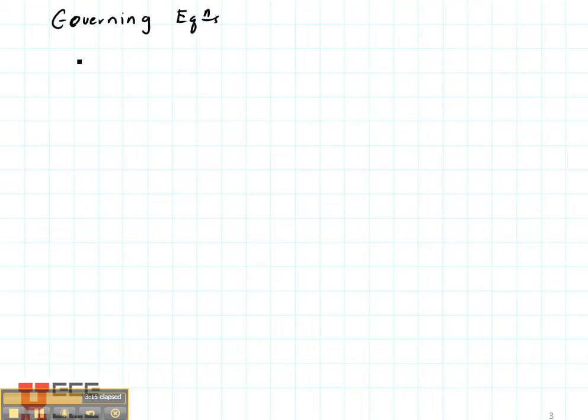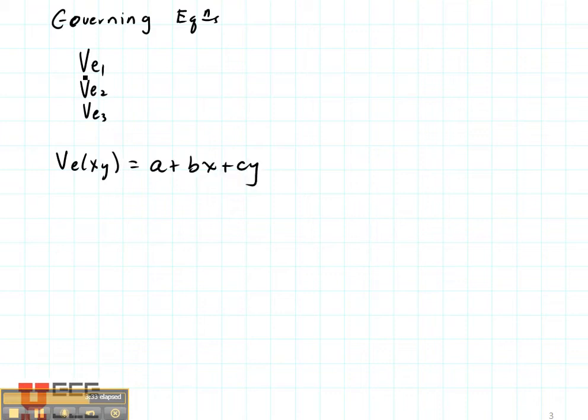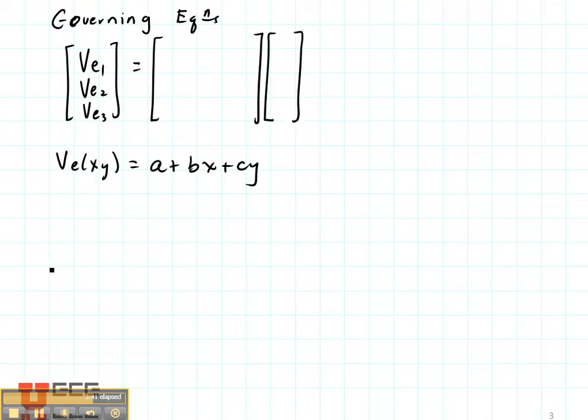Now the governing equations are considering each of the potentials in the corners, so the nodal potentials VE1, VE2, and VE3. Let's write a matrix equation for what those would be based on our triangular element, a plus bx plus cy. So if we wanted to write a matrix equation for them, it's going to look something like this. All right, well, let's see what VE1 is.